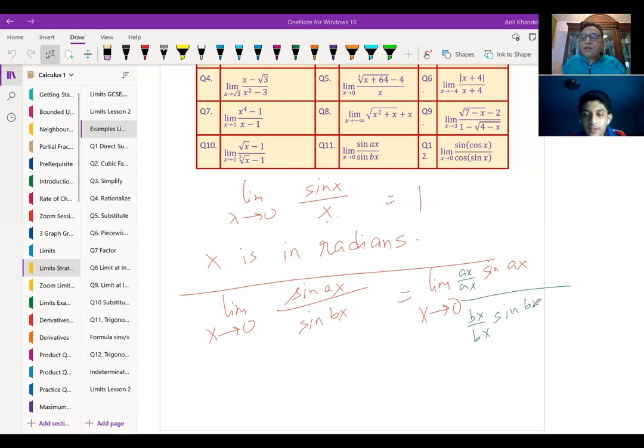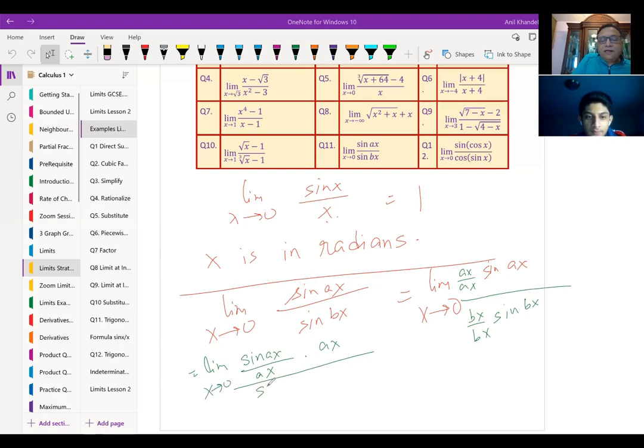Correct. Now I could rearrange this and write it as the limit of sine ax over ax, taking care of these two, and this I'm multiplying by ax separately. I could cancel ax now, where x is approaching 0.